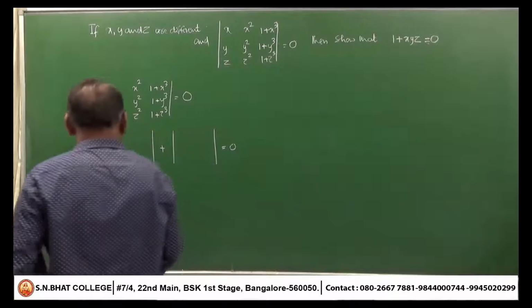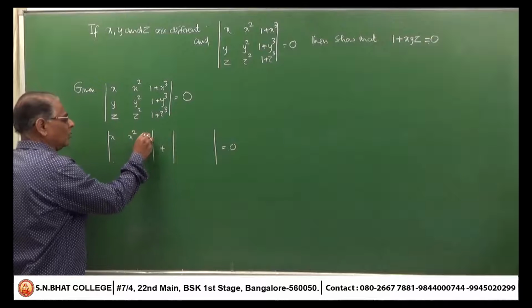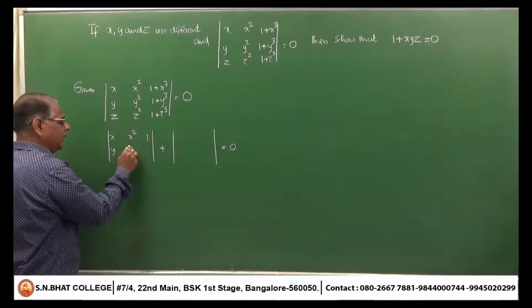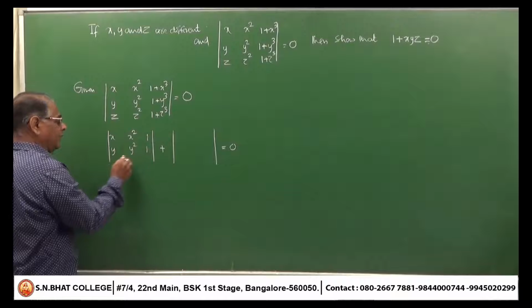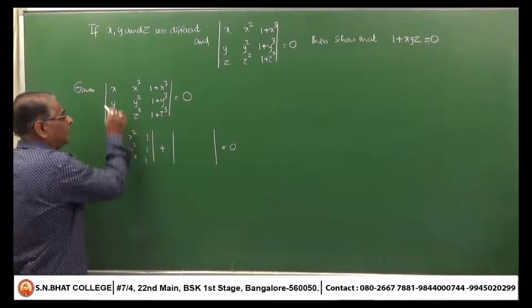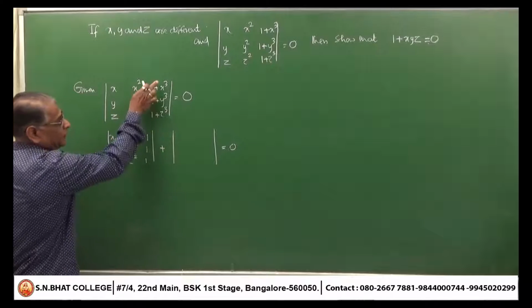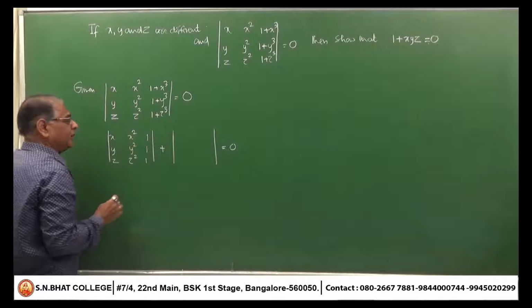The two determinants are: x square, 1; y square, 1; z square, 1, plus another. These two columns are the same. In the first case you write 1, in the second case x cube, y cube, z cube.